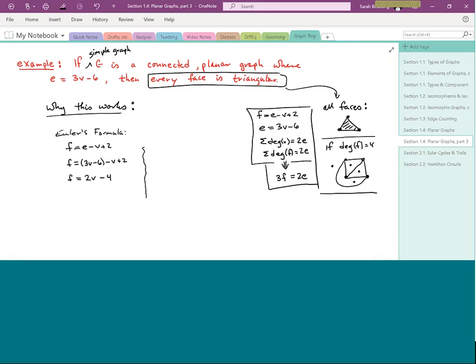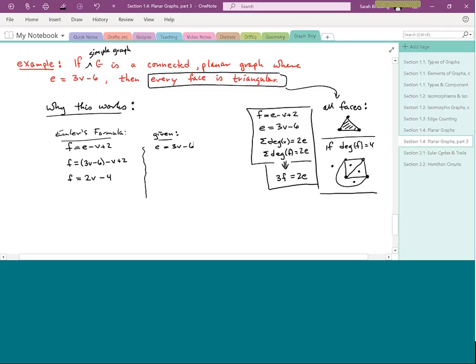Now on the other side of this squiggly line is the given information. So we were given that the number of edges was 3 times the number of vertices minus 6. Well, in this particular case, I'm actually going to build to something nice. So this is really like scratch work to the side here.